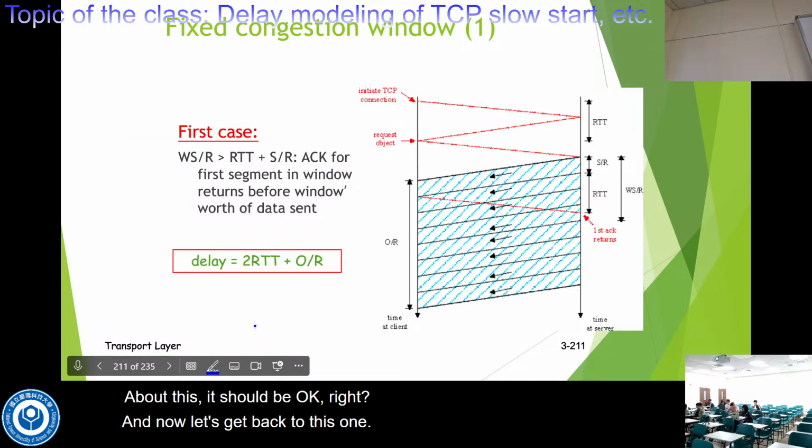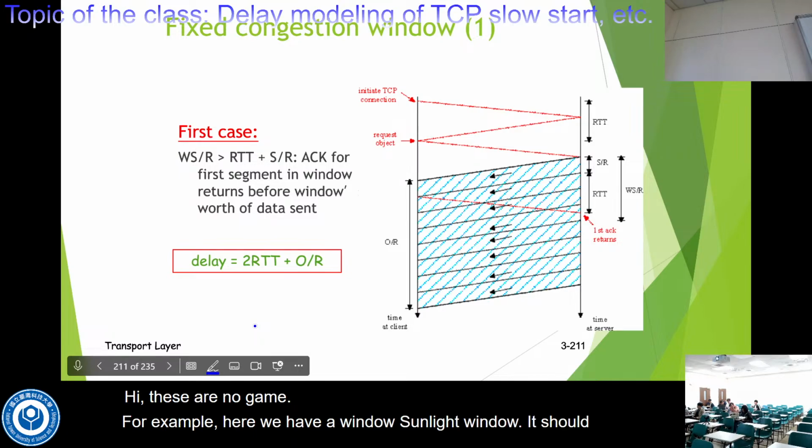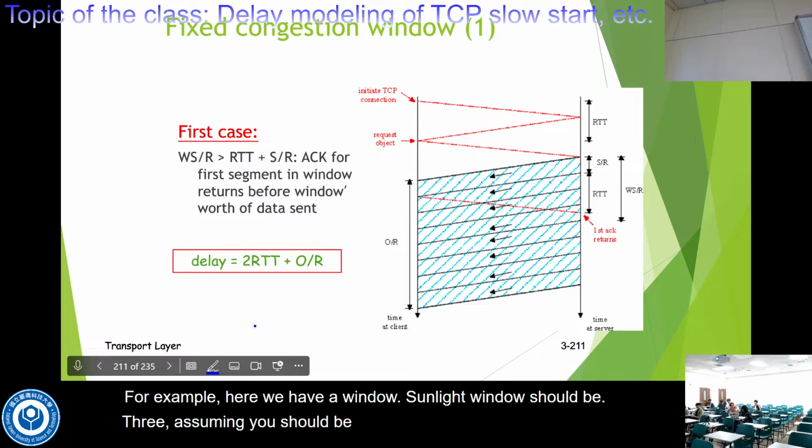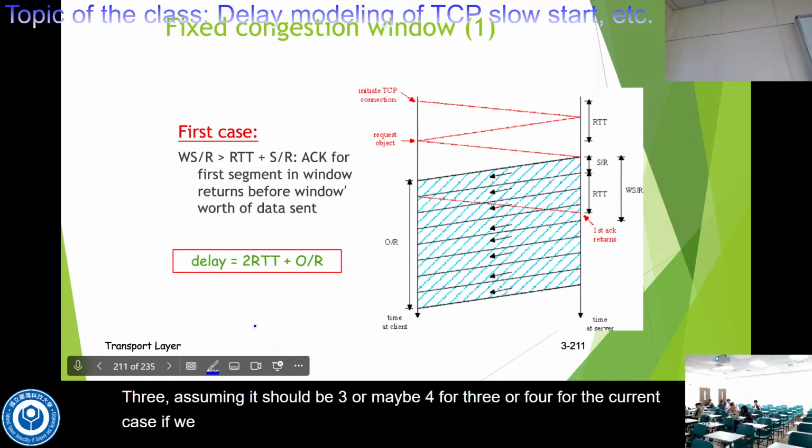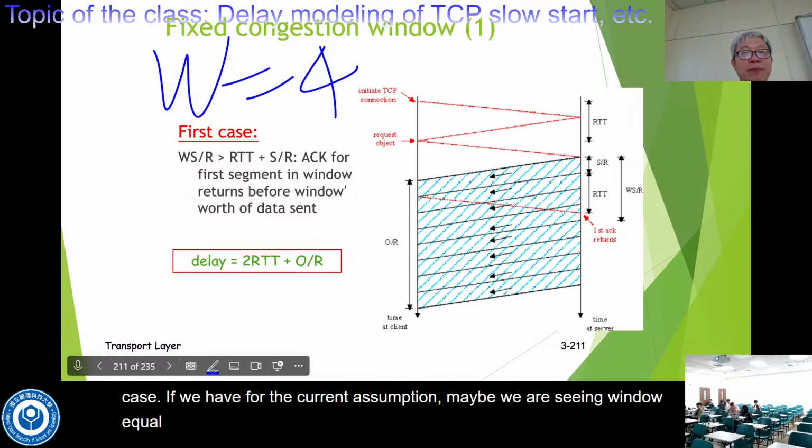Why does this one have no gap? For example, here we have a window, it should be 3, or maybe 4 for the current case. If we have the current assumption, maybe we assume window equal to 4. Here we have this one, 1 sent, and then you say, okay, continue.